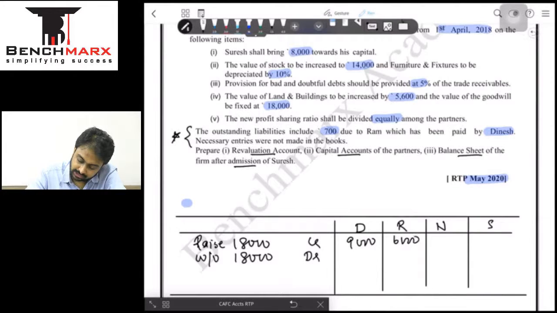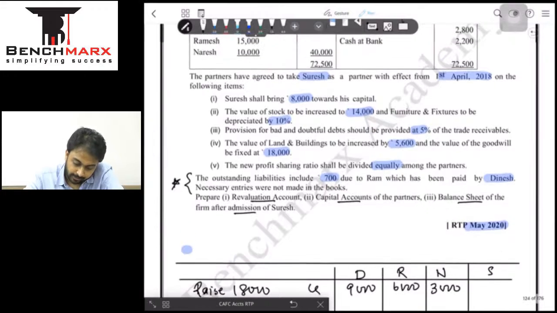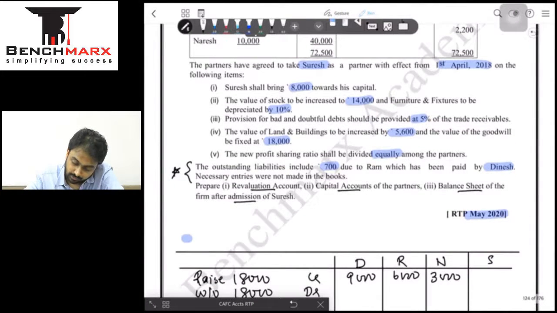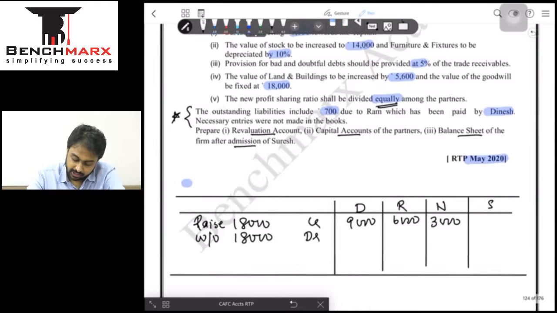Old partners in the old ratio, and the new PSR appears to be equal, isn't it? Find out. Equal. Okay. So 18,000 equally appears to be 4,500 each.